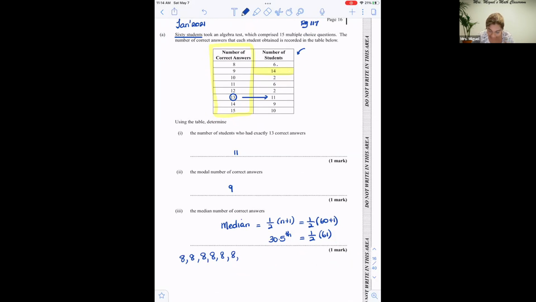So 9 occurs 14 times. 3, 4, 5, 6, 7, 8, 9, 10, 11, 12, 13, 14. 2 children had 10 correct answers. So 10 occurs twice. And 6 children had 11 correct answers.